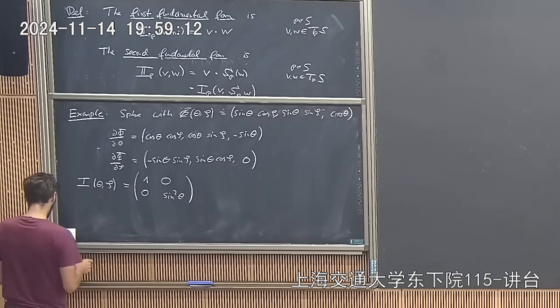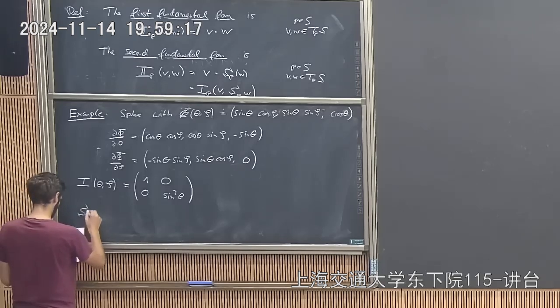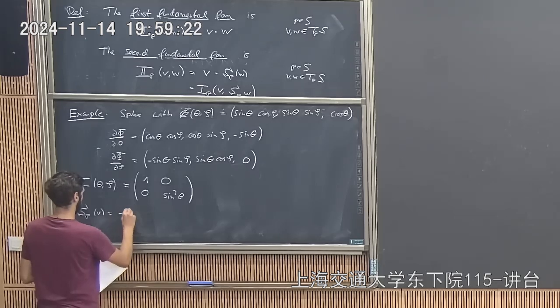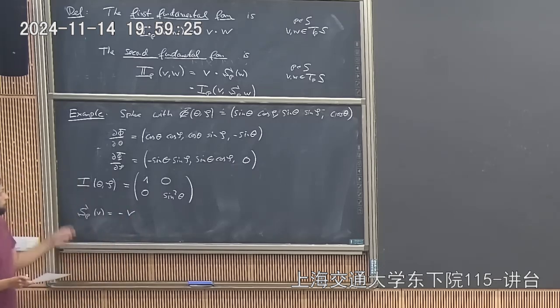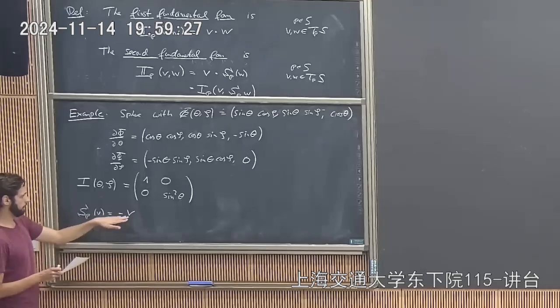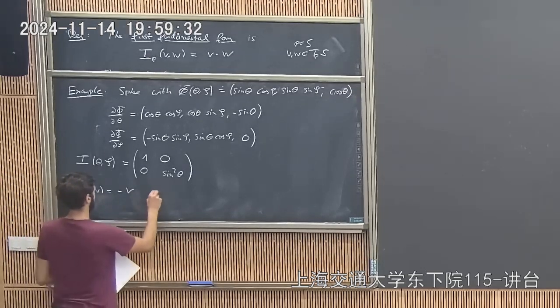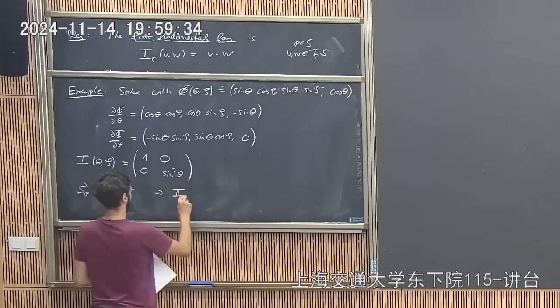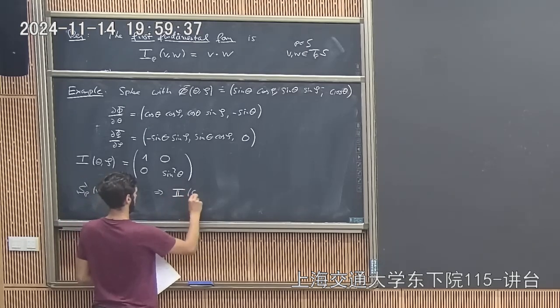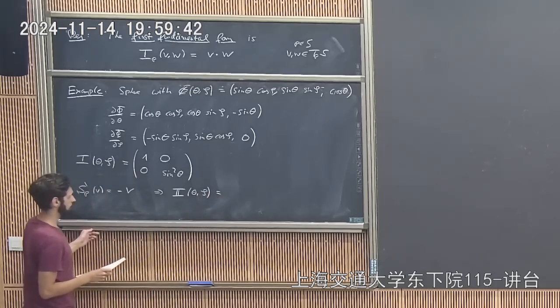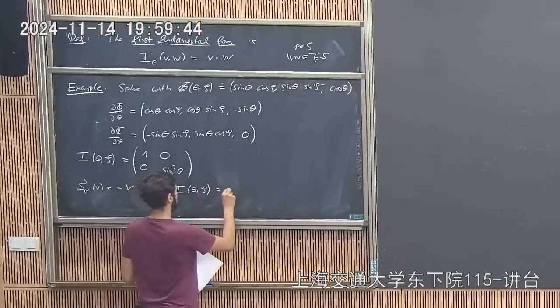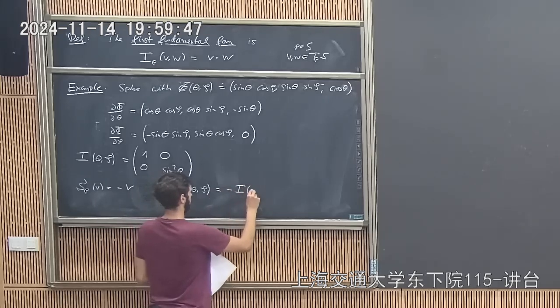Last time we have seen already that the shape operator of some point in b direction was just minus b over the radius, but the radius is 1 here, so it's just minus the vector. So it follows that the second fundamental form is just minus the first fundamental form.